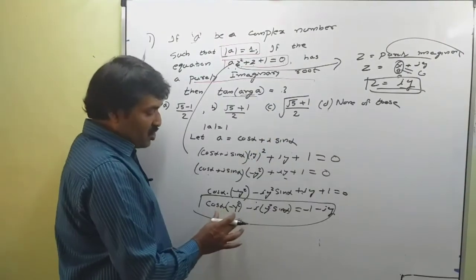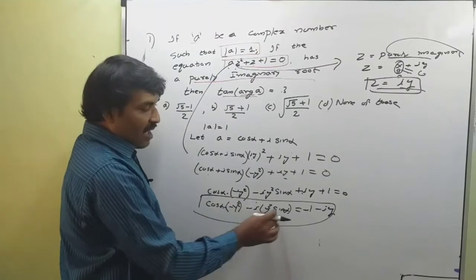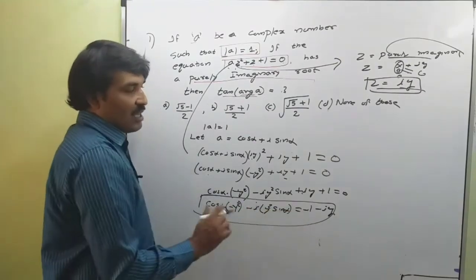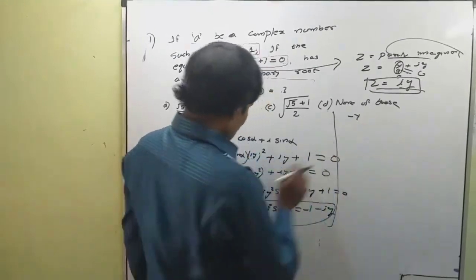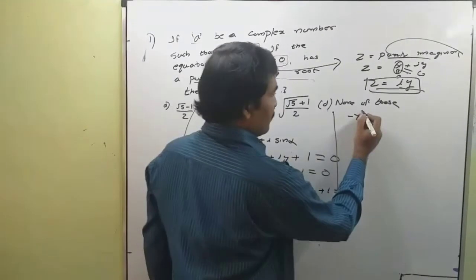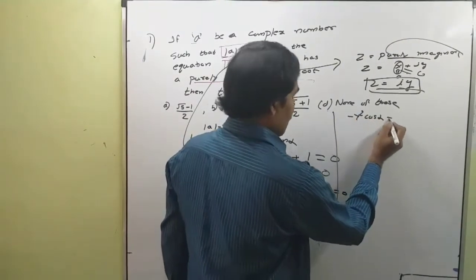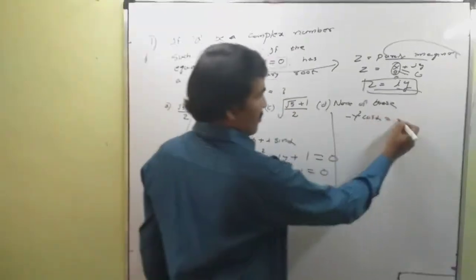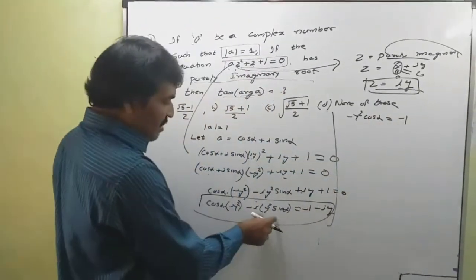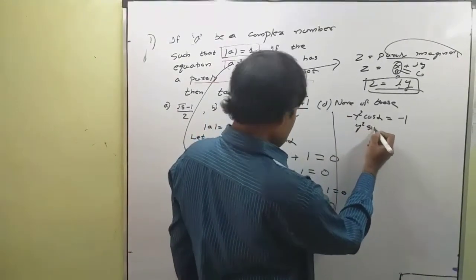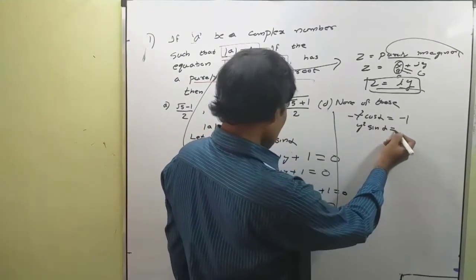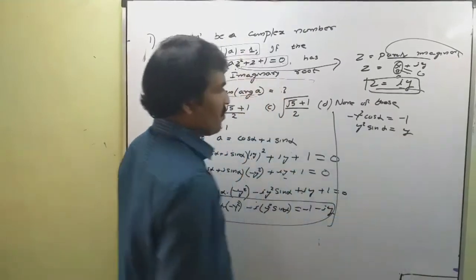Now compare the coefficient of real term and imaginary term in RHS and LHS. This becomes minus y square cos alpha is equal to minus 1. And compare the imaginary term, this becomes y square sin alpha is equal to y.